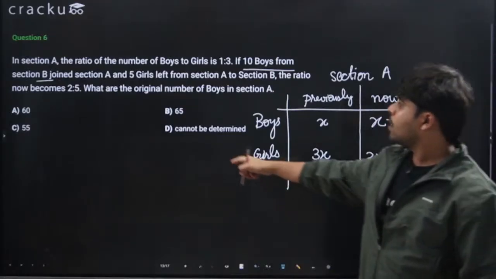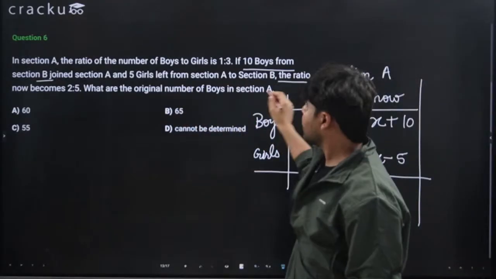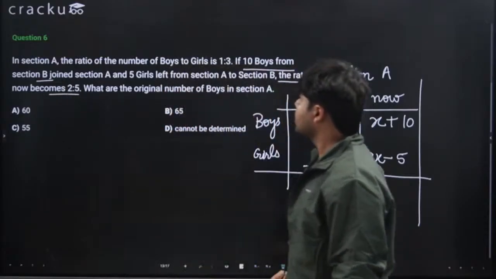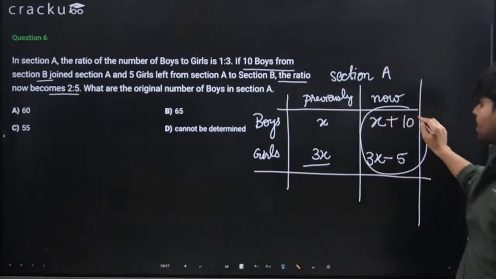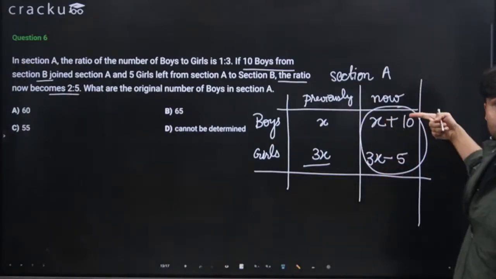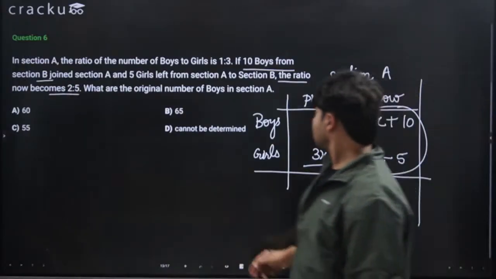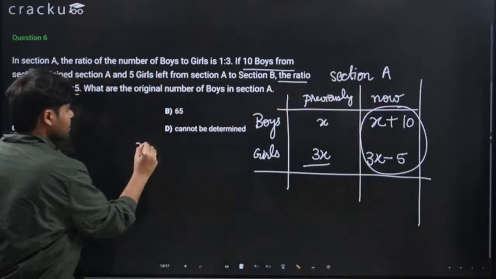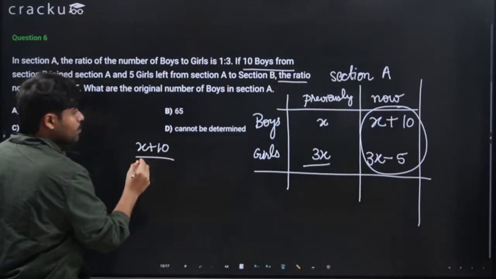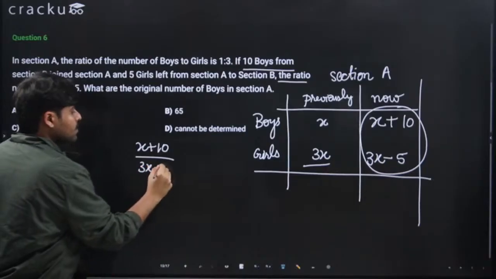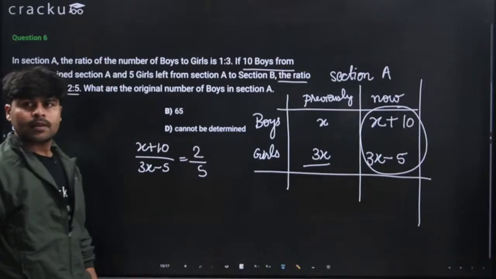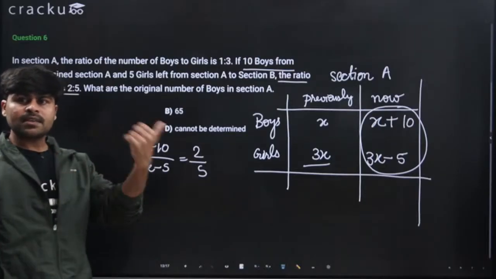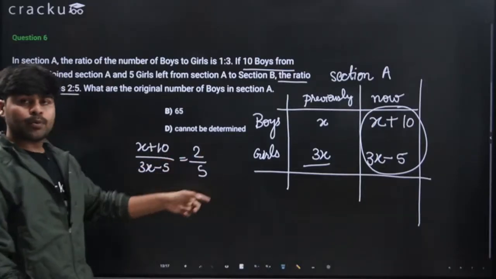We are told further that the ratio now becomes 2:5. The ratio of boys to girls, now this new one, is 2:5. So we can solve it here. X plus 10 divided by 3x minus 5 is 2 over 5. We can cross multiply. We discussed cross multiplication, right? This is a proportion.